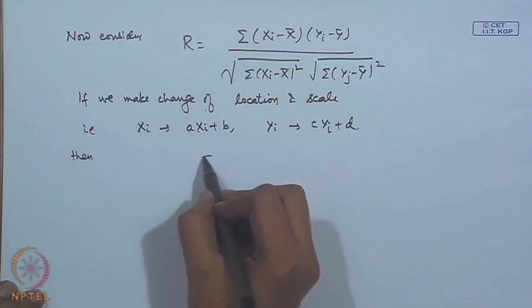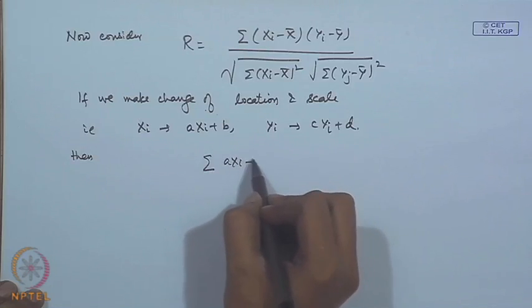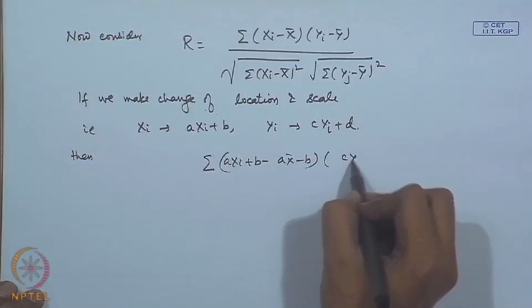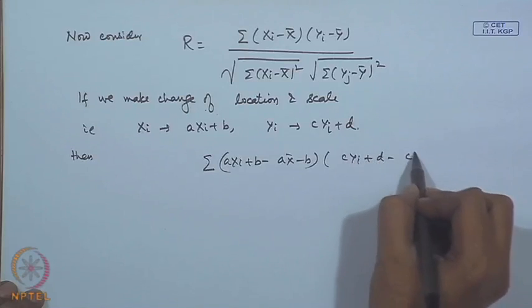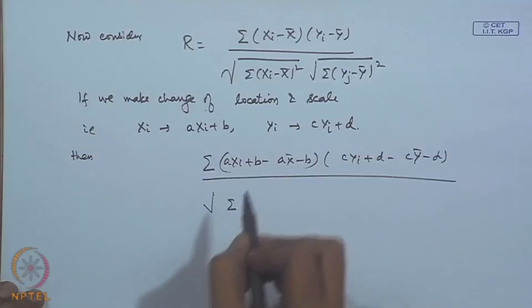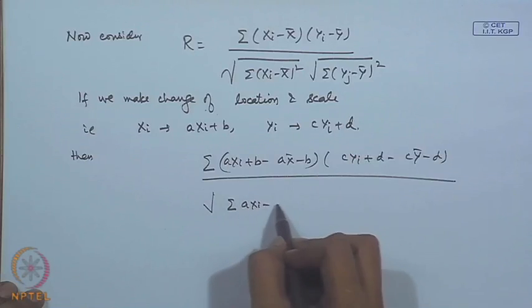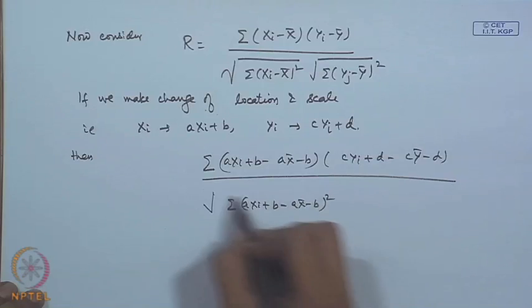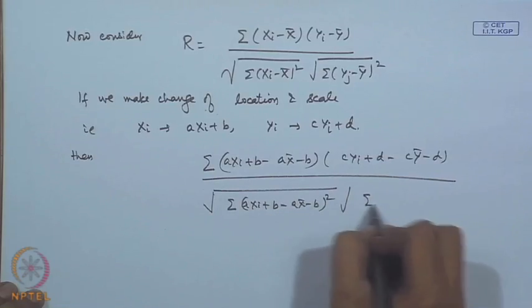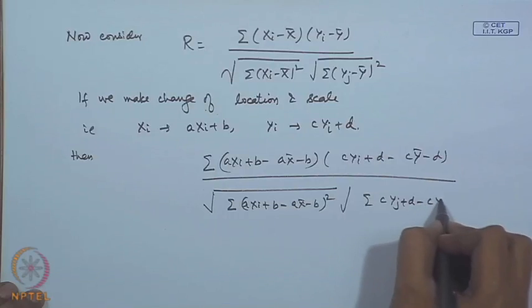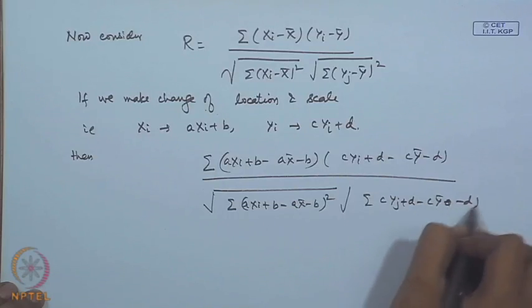If you look at this term, sigma a x i plus b minus a x bar minus b, c y i plus d minus c y bar minus d, divided by, similarly here, a x i plus b minus a x bar minus b, square root sigma c y j plus d minus c y bar minus d whole square.